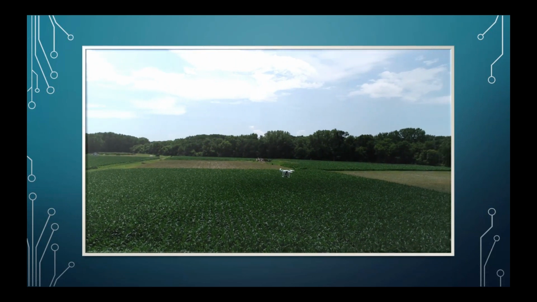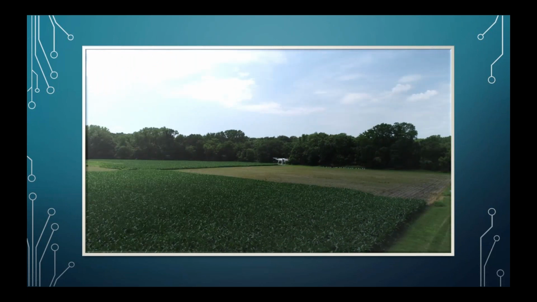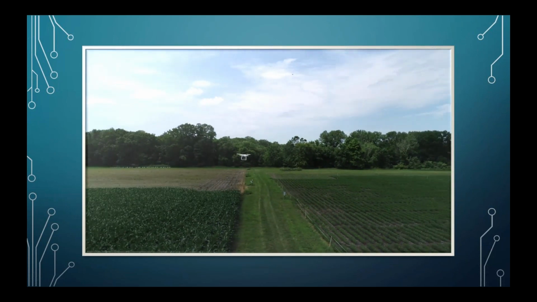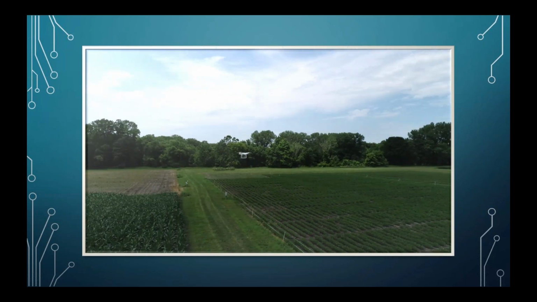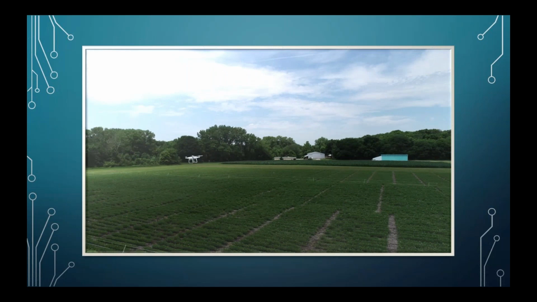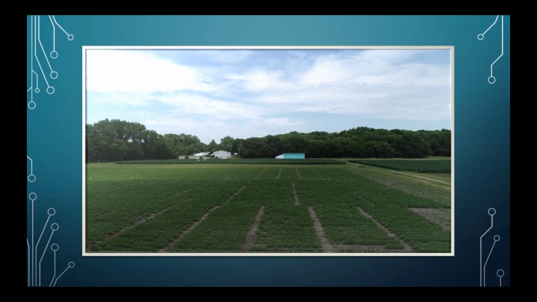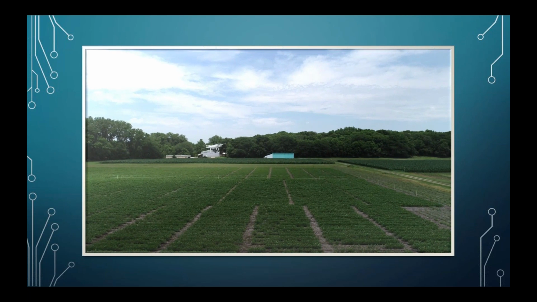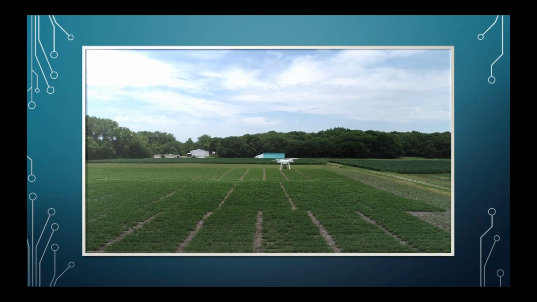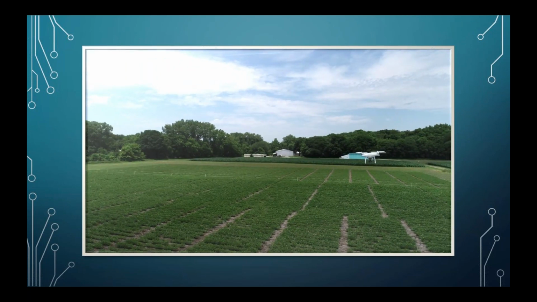The average farm is around 450 acres, and getting an idea of what's going on in the middle is tough. But we can also use these for research. And researchers like myself look at a small plot scale. So these UAVs also have the capability of providing ultra high spatial and temporal resolutions. And that's what you need on a small plot scale.